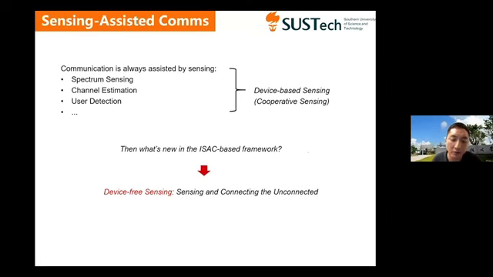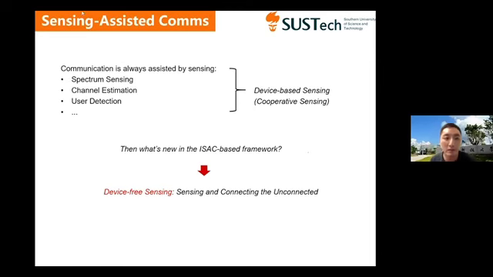And for ISAC, we are actually more interested in device-free sensing, so like radar sensing. So we want to sense some object without it being attached to an electronic device. So in other words, this is actually a slogan proposed by many recent 6G visions, that we need to sense and connect the unconnected.